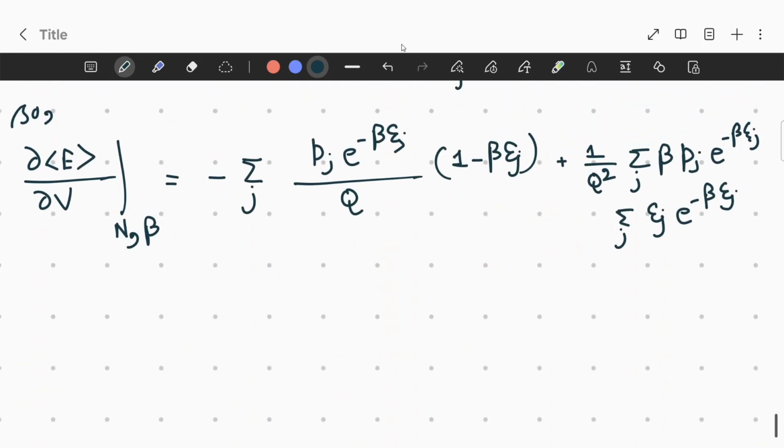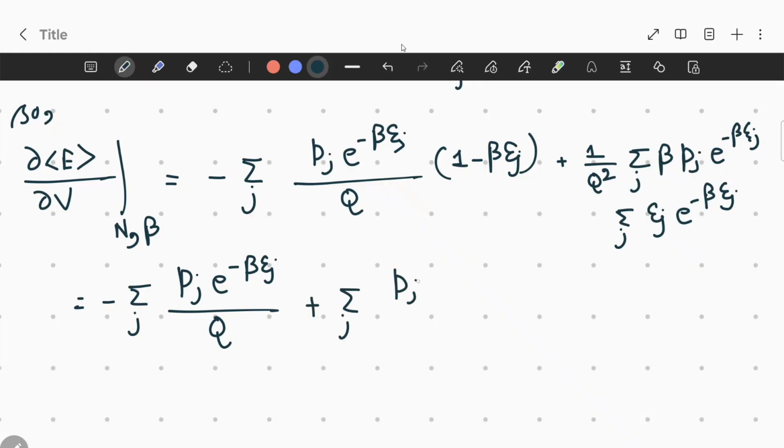So now it is easy, nothing to do. So we can write it as Q plus, Q plus, so beta is there.